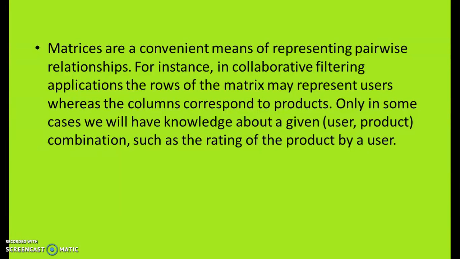For instance, in collaborative filtering applications, the rows of the matrix may represent users, whereas the columns correspond to the products. Only in some cases will we have knowledge about a given user or a product, or a combination, such as the rating of the product by a user.